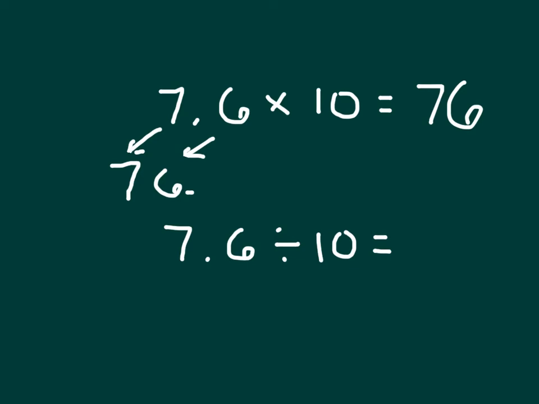Now, would the number 7 and 6/10, or 7.6, get larger or smaller if we divide by 10? The value of it would be smaller. 7 ones, actually divided by 10, is 7 over 10, which is 7/10, bringing that decimal point straight down.